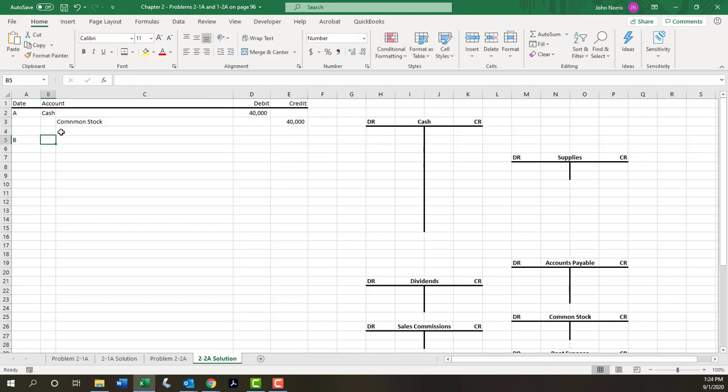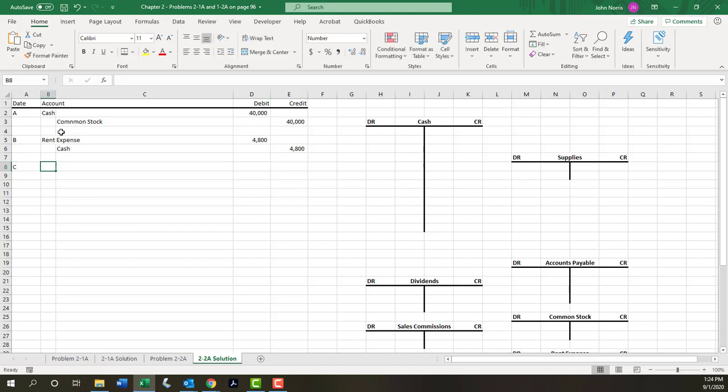B, paid rent on office and equipment for the month, $4,800. Rent expense, and we paid it, so that indicates cash, $4,800.